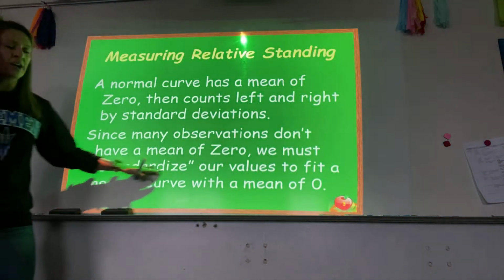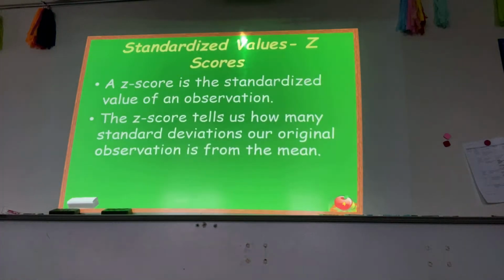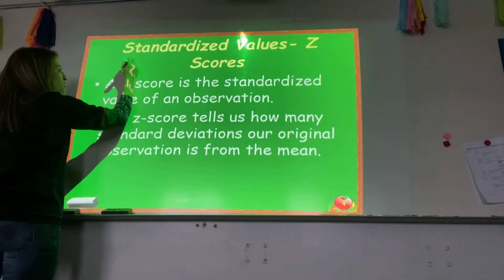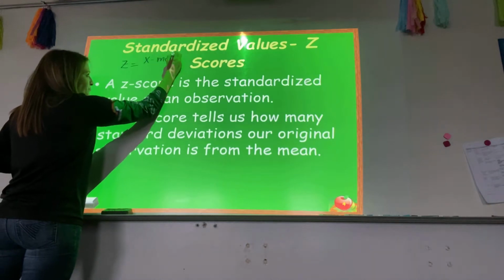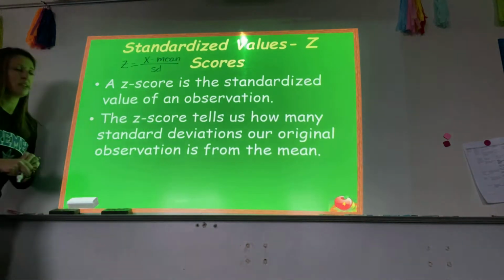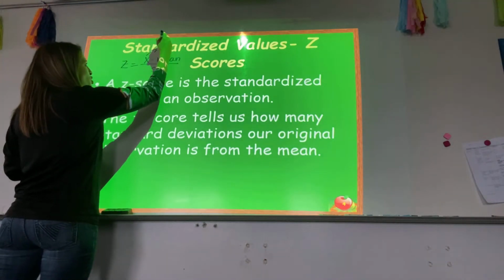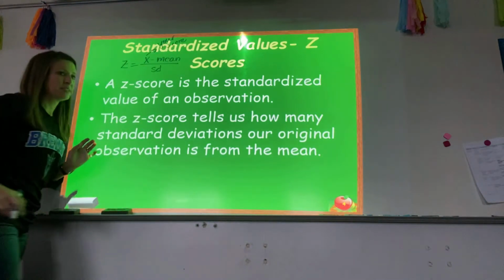All right, so there are standardized values, and a z-score, I've already shown you that formula. Make sure that you do have your z-score formula written down. It is x minus the mean, divided by the standard deviation. Essentially, that's it. The way I like to think about it is x is your score, the score that you are trying to test.